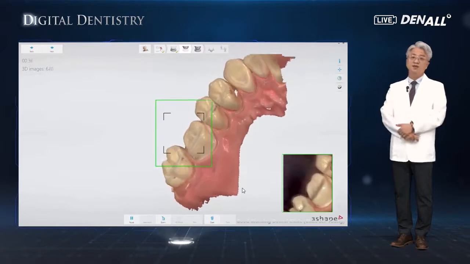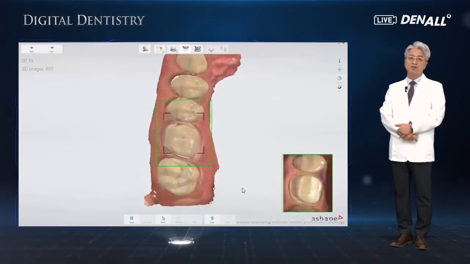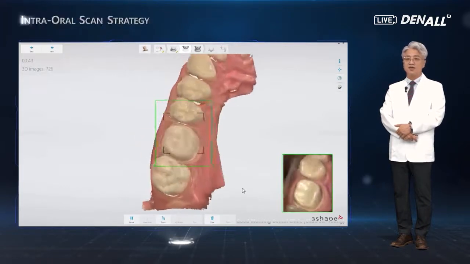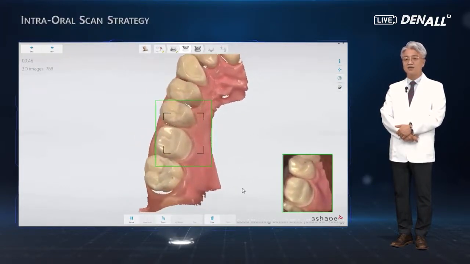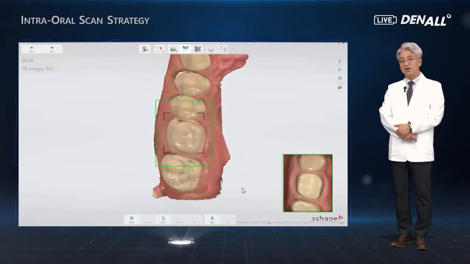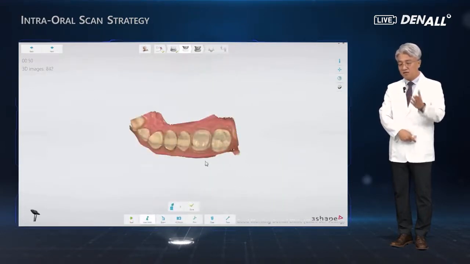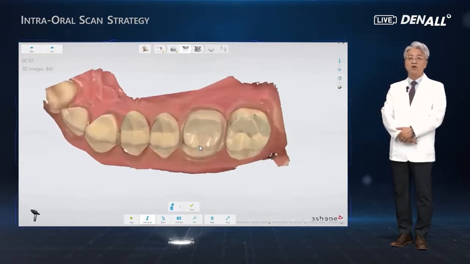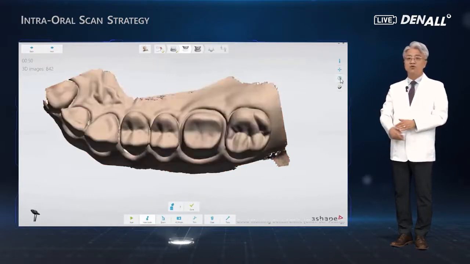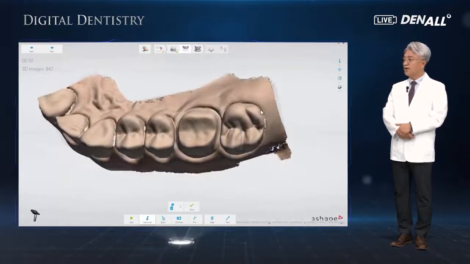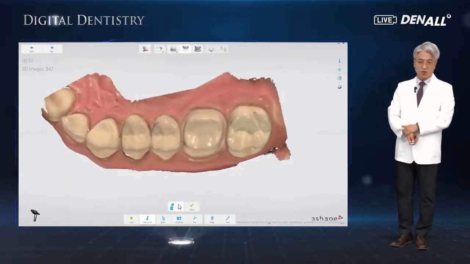So precise scanning is done for that portion again. So this is the crown scanning approach. So you can choose the first approach or the second option, whatever you can conveniently use in your clinic situation.